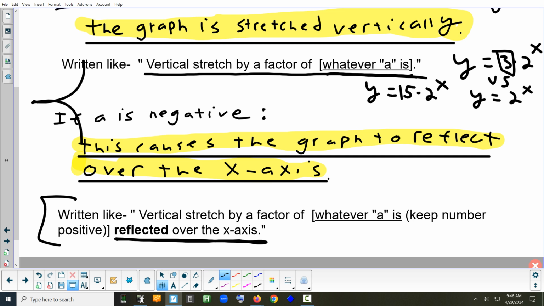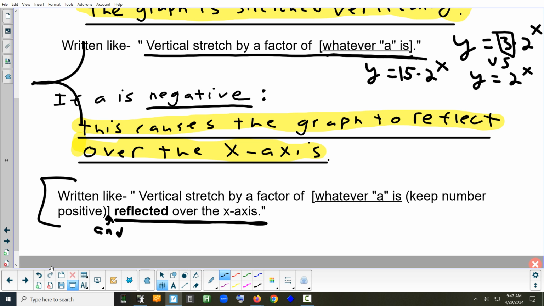And really, you should have the word and. Kind of sneak it in there right there. Vertical stretch by factor of 2 and reflect over the x-axis. Okay, you only say this reflected part if the number is a negative.